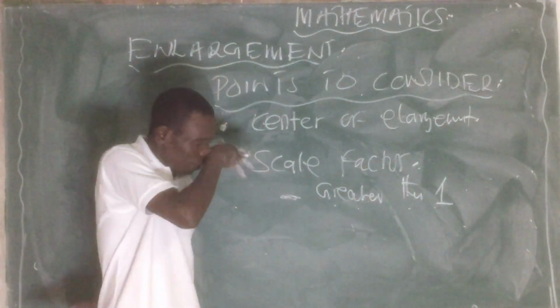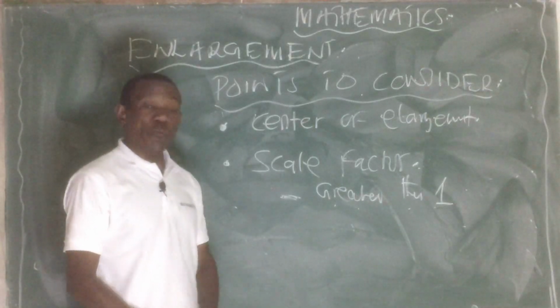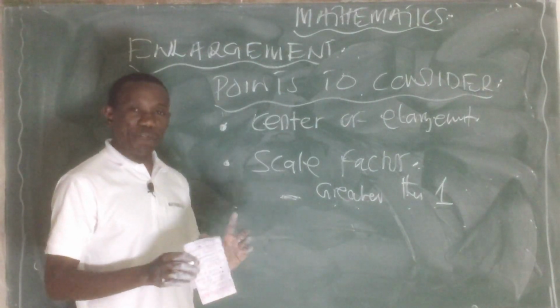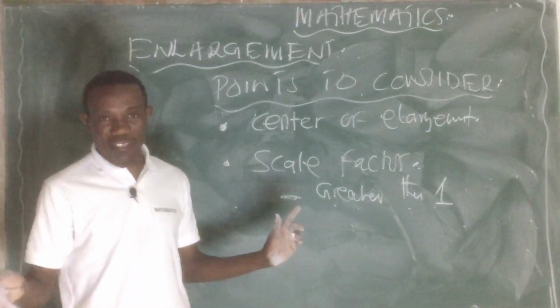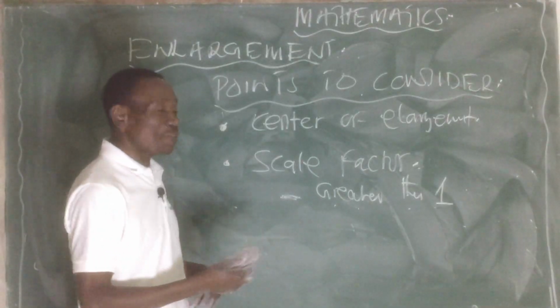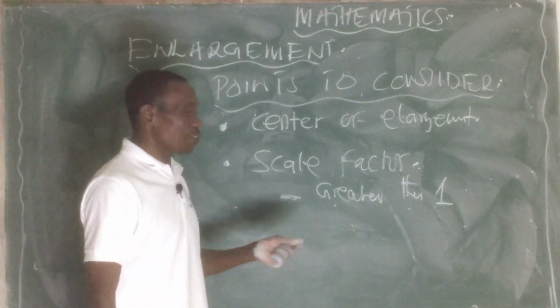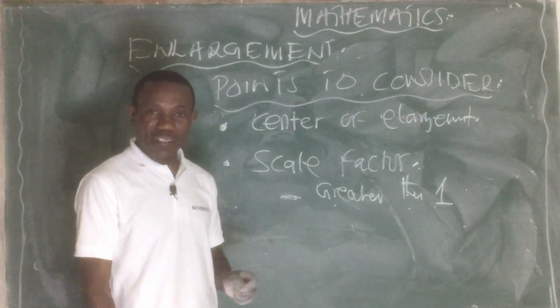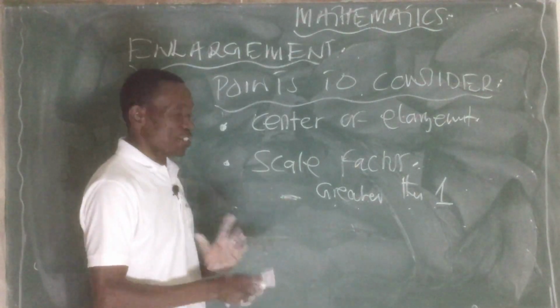So it's more like the scale factor here is compared with 1. Remember, if you are going to enlarge something once, I don't think it can change the size. So a scale factor of 1 is meaningless. The subject does not change.